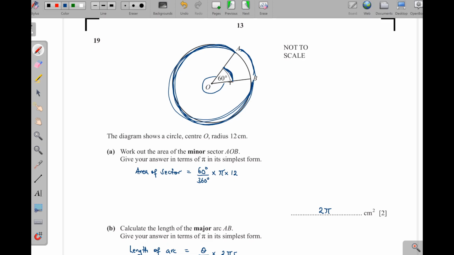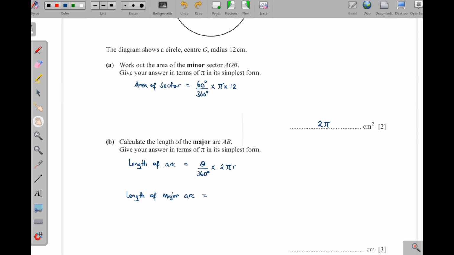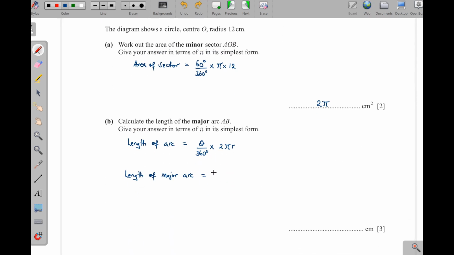This one represents an angle that resembles this one. So here we have 360 minus the 60, because you know that angles at a point sum up to 360. Then divide by 360 degrees, then times 2 pi, and then our r is 12.